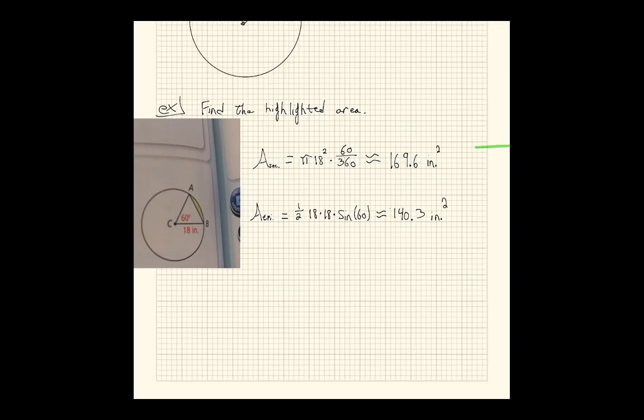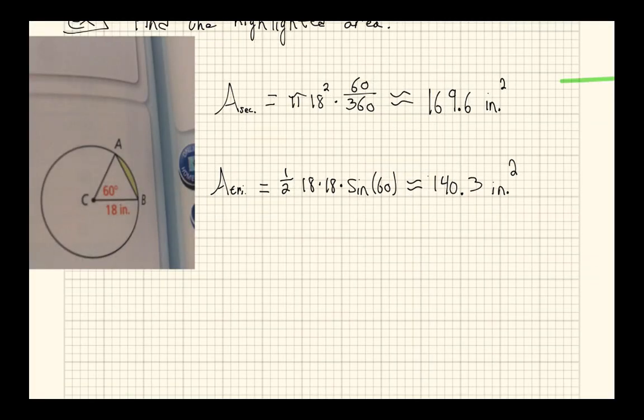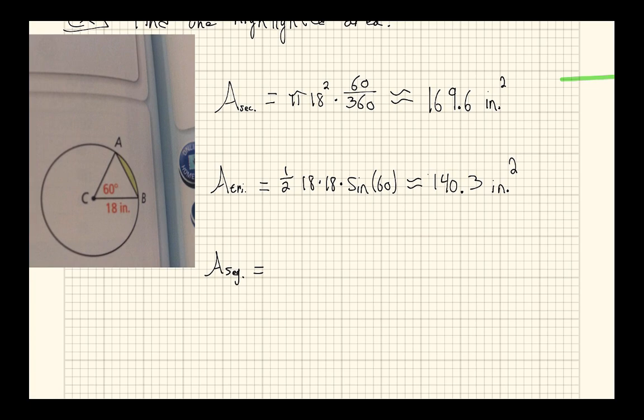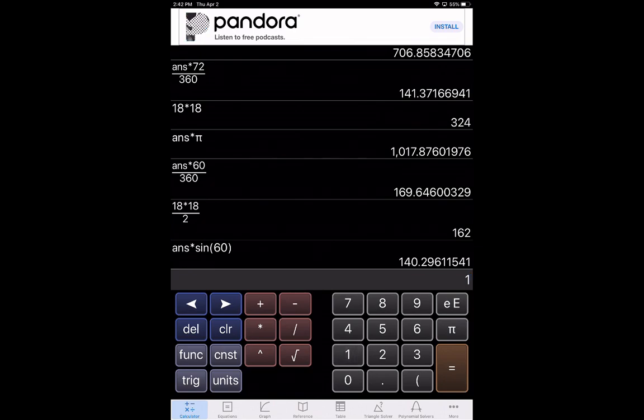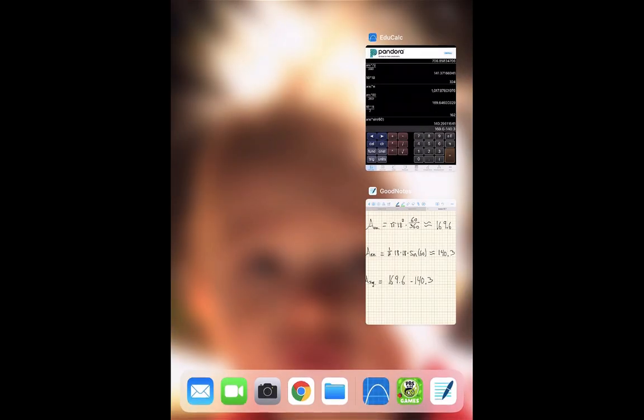And then lastly, we need to subtract these two. So the area of the segment is 169.6 minus 140.3. Let me make sure those are the correct numbers. 169.6, 140.3.